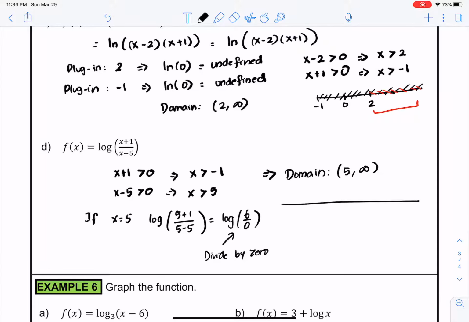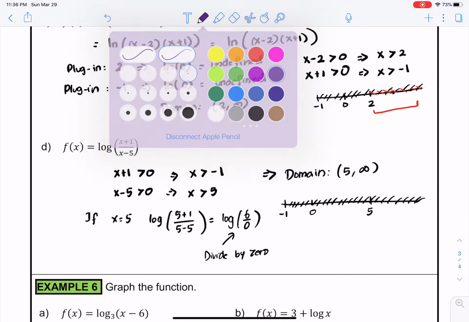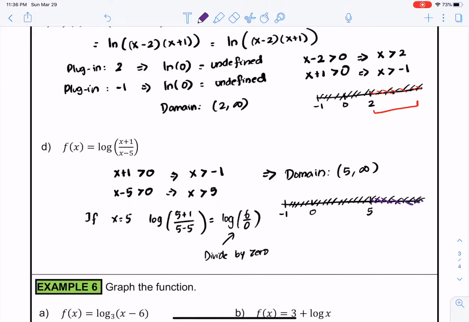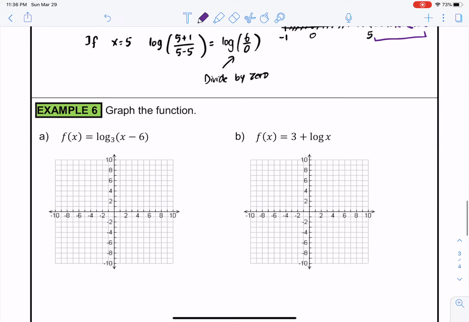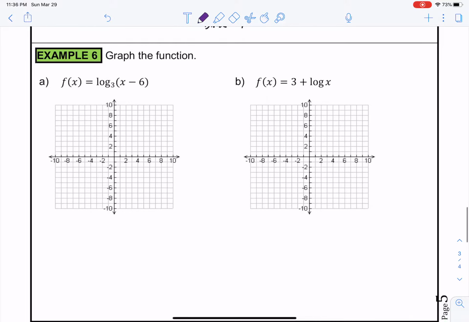So we have negative 1, 0, and 5. The first condition is x has to be greater than negative 1. The second condition is x has to be greater than 5. So the common interval is that. So the domain is 5 all the way up to infinity.